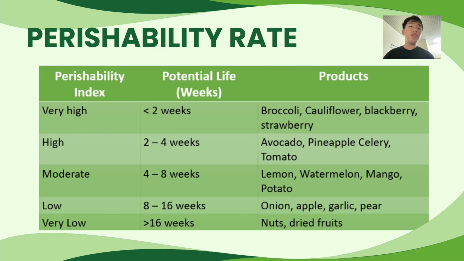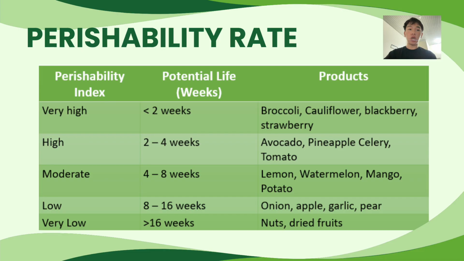Their potential life is 4 to 8 weeks. Then we have low perishability index: onion, apple, garlic, and pear, with 8 to 16 weeks of potential life before they spoil. For very low, greater than 16 weeks, we have nuts and dried fruits. Those are the examples for the perishability rates.